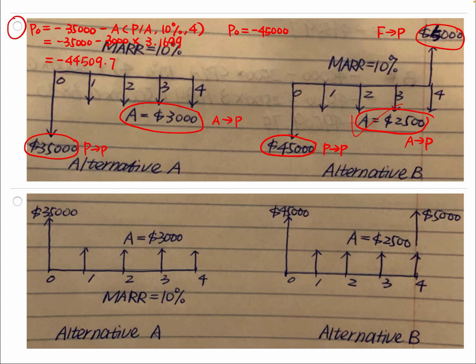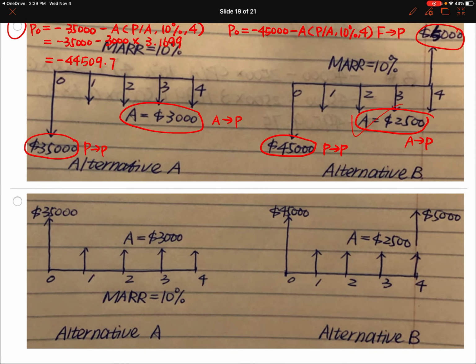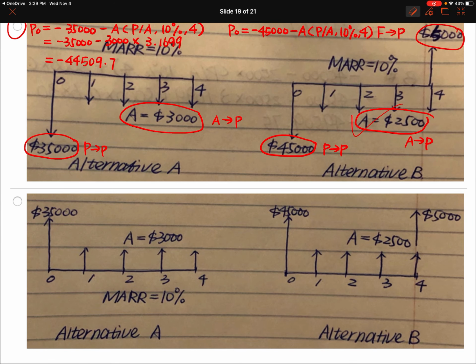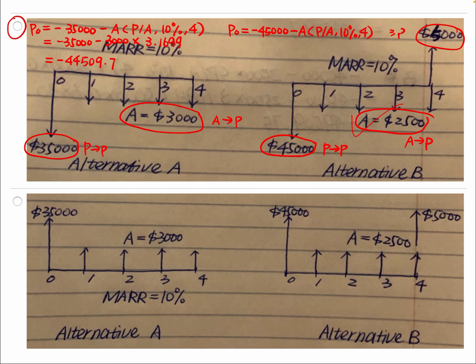And about alternative B, the same thing, you have 45,000 negative cash flow at the beginning. It's present worth already, so you don't have to convert. And then you have negative annuity to convert to the present worth using the same formula, A times (P/A, 10%, 4). And don't forget about the 5,000, okay? Let me just erase this so you don't confuse.